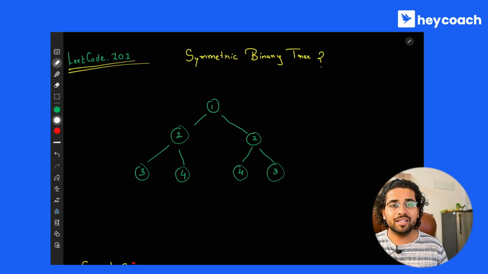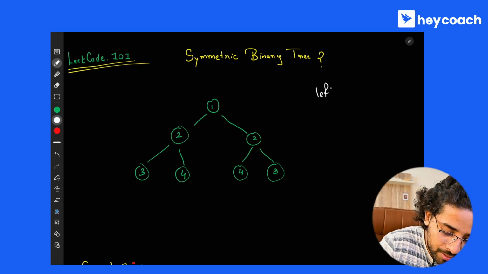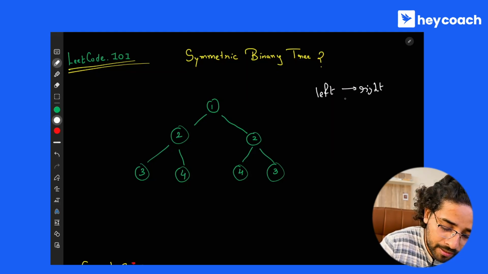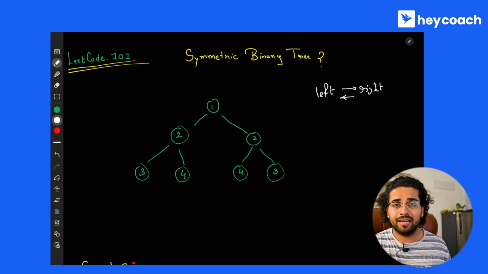Only when that condition is true can we say that this is a symmetric tree. Let's try to build the logic to detect whether the tree is symmetric or not. Before that, we want to know what a mirror is. A mirror is: left comes at the right end, right comes at the left end.